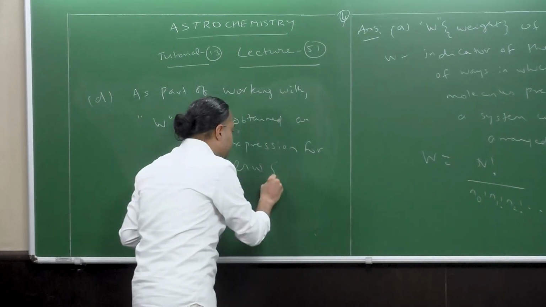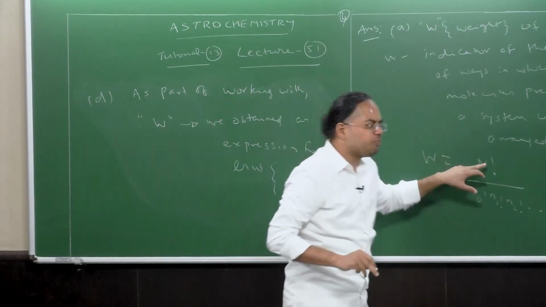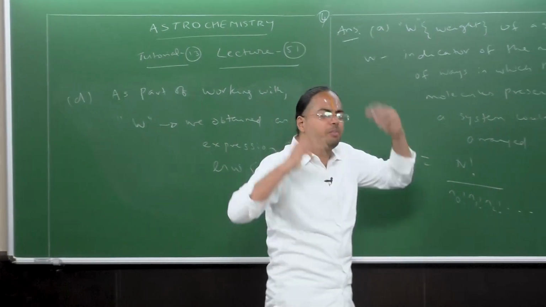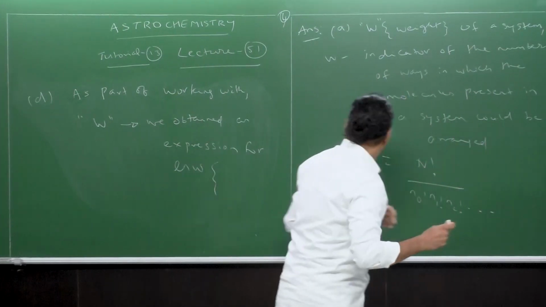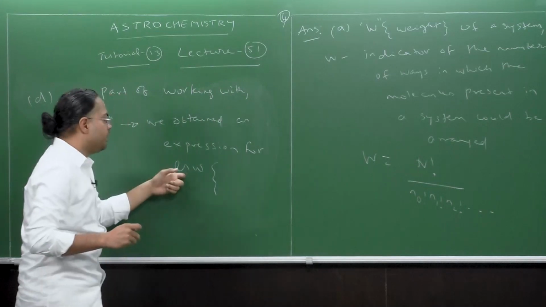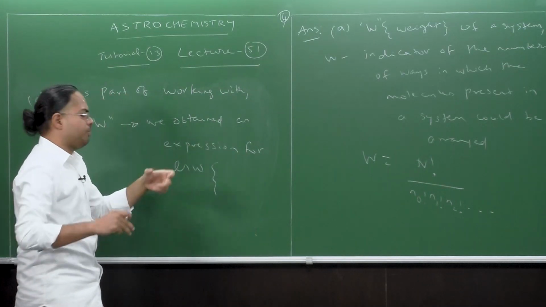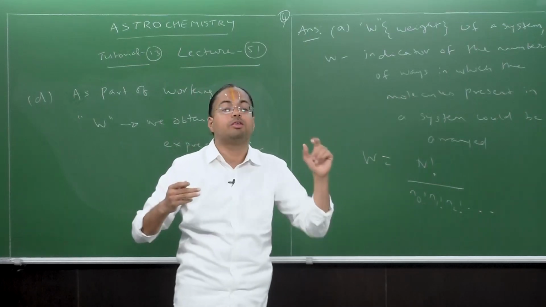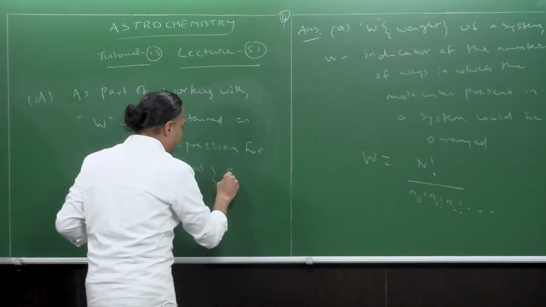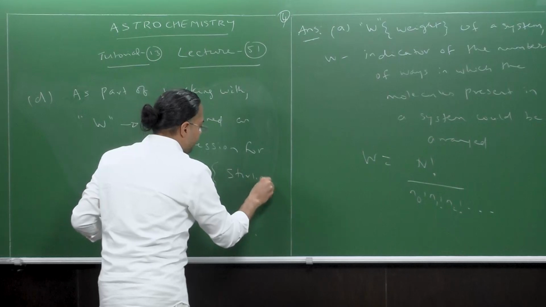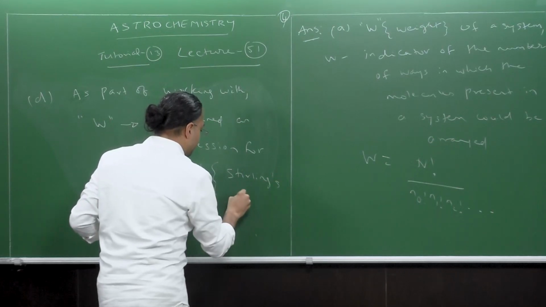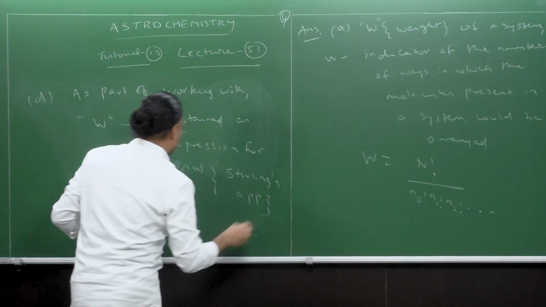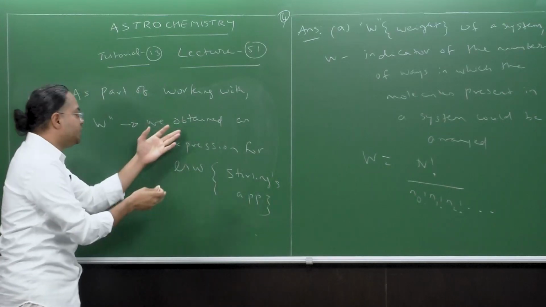And we also approximated it. Because we had lots of factorials, it was mathematically easier to get rid of the factorials. So we started off with ln W, and after making an approximation, called the Stirling's approximation, we got an expression for ln W.